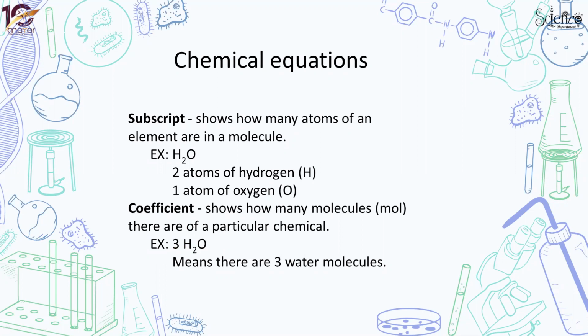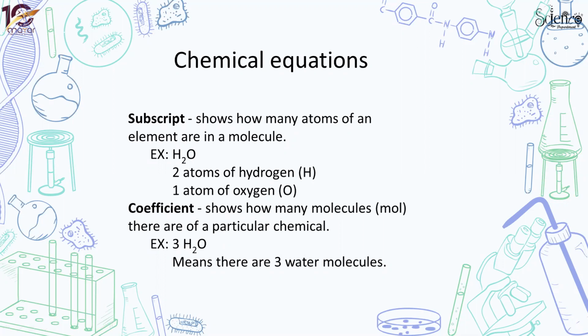But if I want to know how many atoms of hydrogen, just hydrogen, I have to multiply 3 times 2, which is 6 atoms of hydrogen. 3 times here nothing, so 1. 3 times 1 means 3 atoms of oxygen.